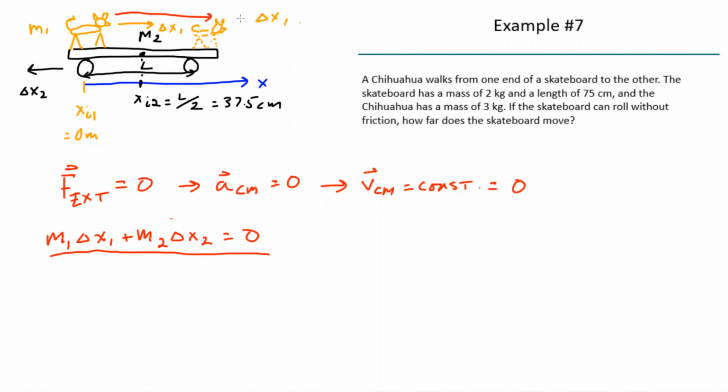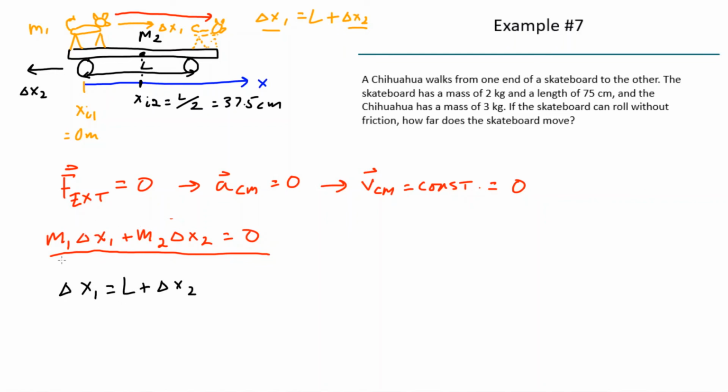The Chihuahua moves the whole length of the skateboard, but then the skateboard moves backwards delta x2. So this is going to be the length of the skateboard plus delta x2. Since delta x2 is going to be negative, delta x1 is going to be smaller than L. So I get now that delta x1 equals L plus delta x2.